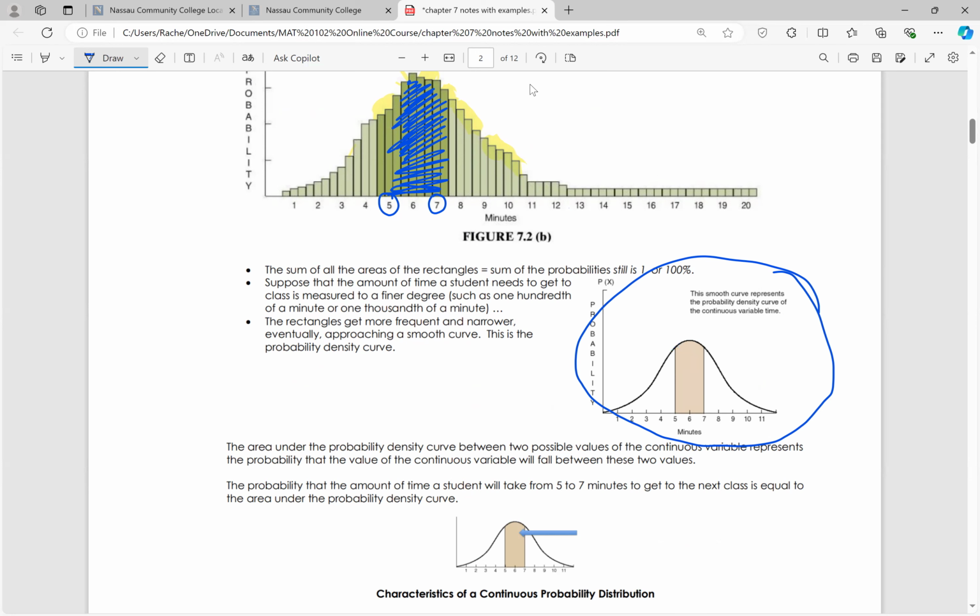So we have a table. A mathematician created a table that has any area that we want to look up under one of these bell-shaped symmetric curves. And these areas are all based on calculus. Some of you might have taken calculus before and you remember how to find the area under a curve. If you didn't, that's fine. I'm going to teach you how to use this specific table in order to find an area under the curve.